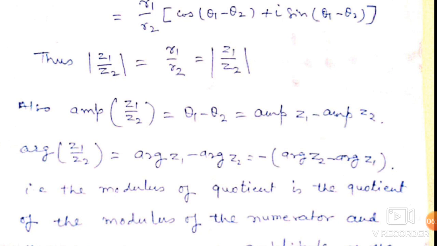Also, amplitude of Z1 over Z2 equal to theta 1 minus theta 2.